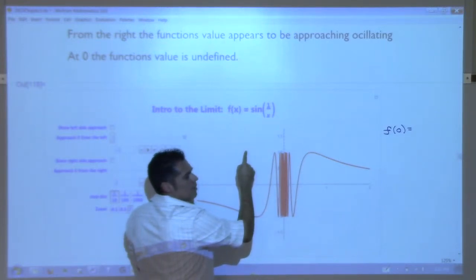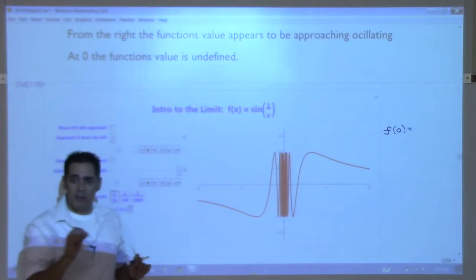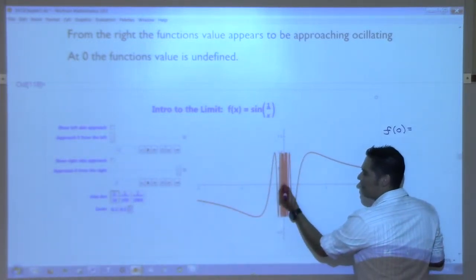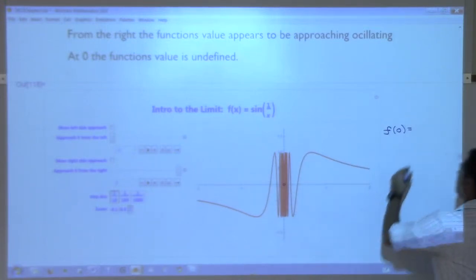What happens if I ask you to plug 0 into that function? It's undefined because you'll do 1 over 0 and that's undefined. So does everyone see that this function is undefined at 0? There is a hole here, but my computer is not capable of picking that up, because there's complete chaos next to it. So this is undefined.